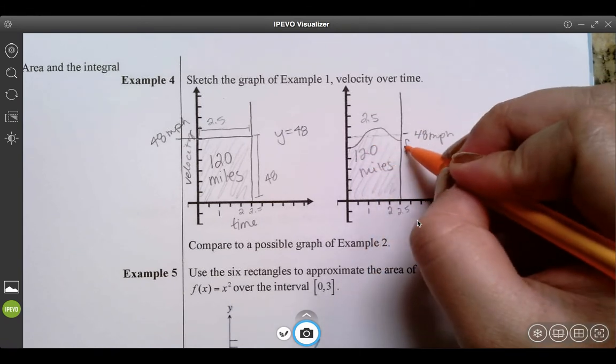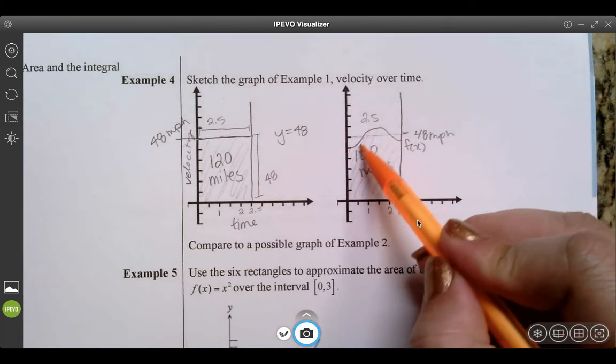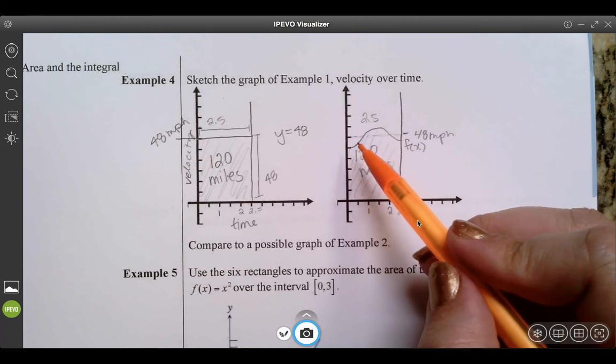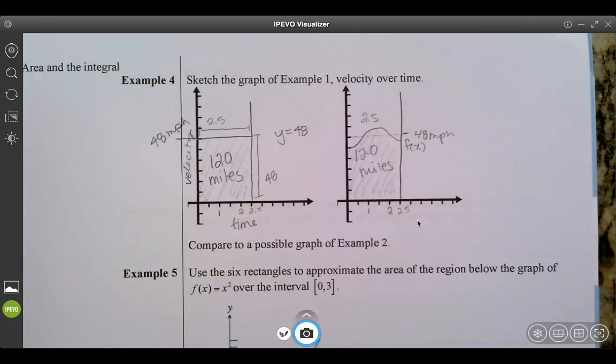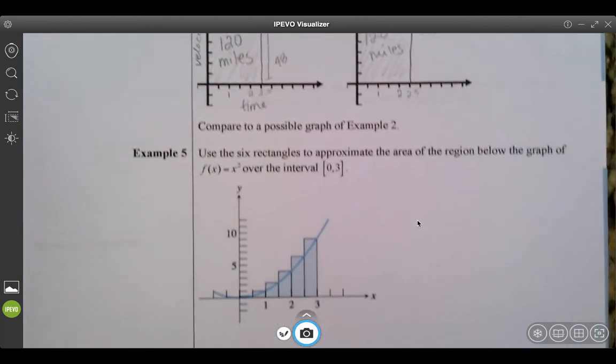However, now our f of x is not a constant rate, so I can't give you a function for f of x. I wasn't given that information. But it's still the area underneath f of x. So the question becomes, how do we find the area under a curve if it's not a rectangle? In example 5, we're going to look at how we approximate this area.